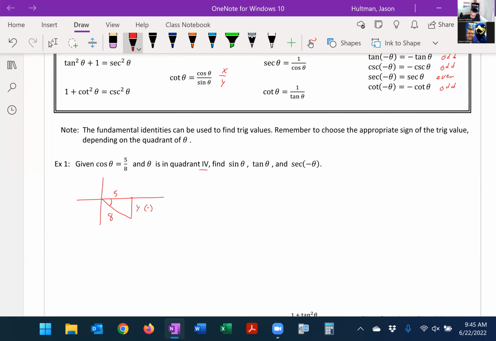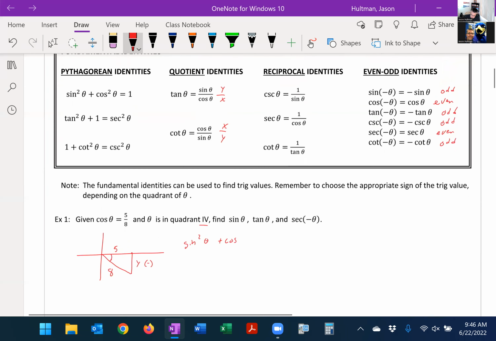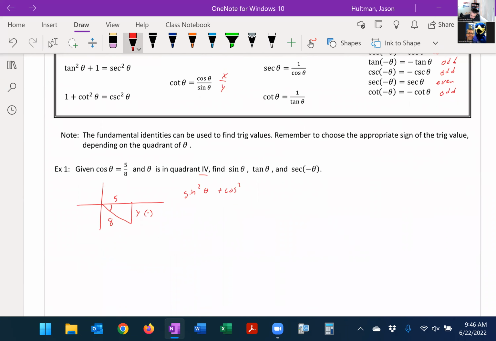So we're going to use the Pythagorean identity here. They do give me the cosine of theta, so we can find the sine of theta by going sine squared theta plus cosine squared theta is equal to 1.